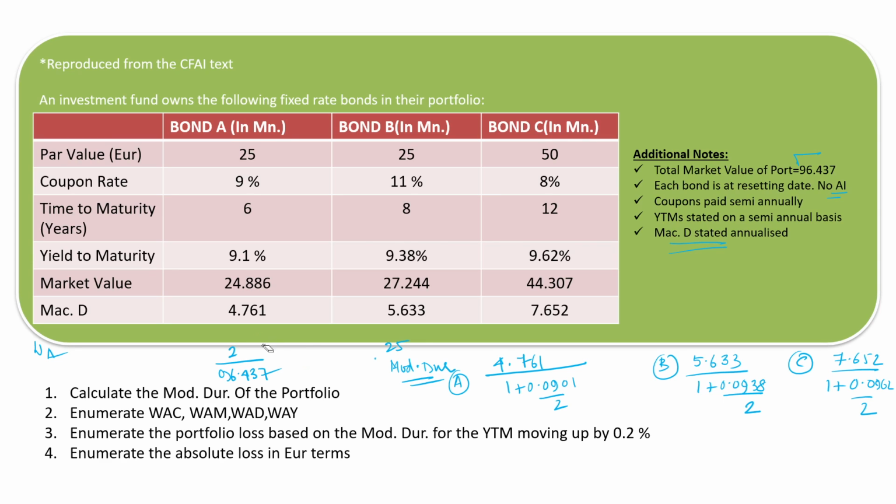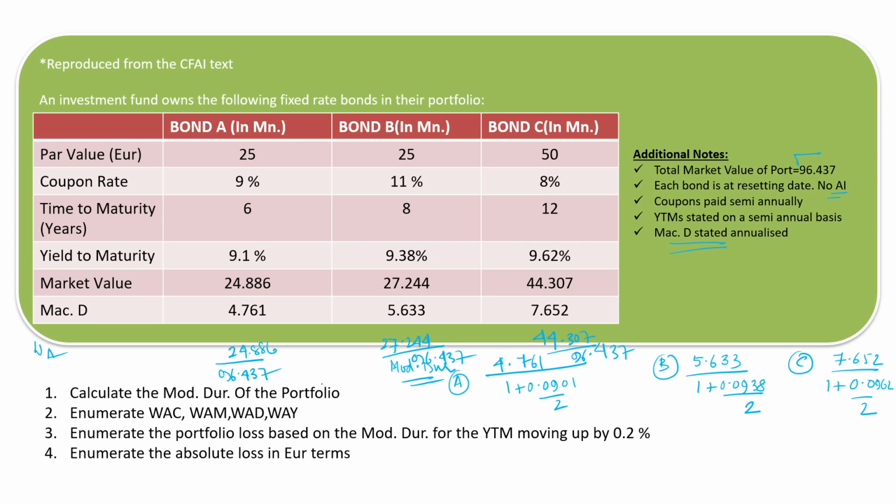So the market value is 24.886 for A, 27.244 for B, and 44.307 for C. So the weights are 24.886 divided by 96.437, 27.244 divided by 96.437, and 44.307 divided by 96.437.